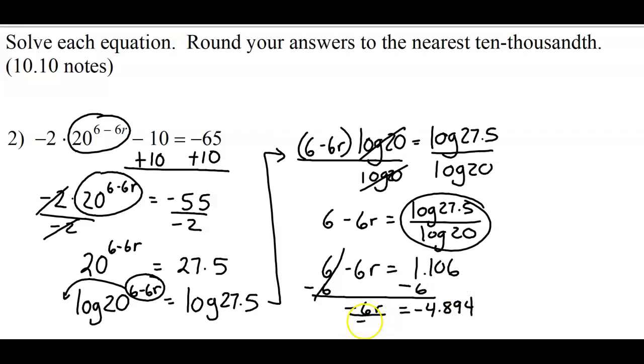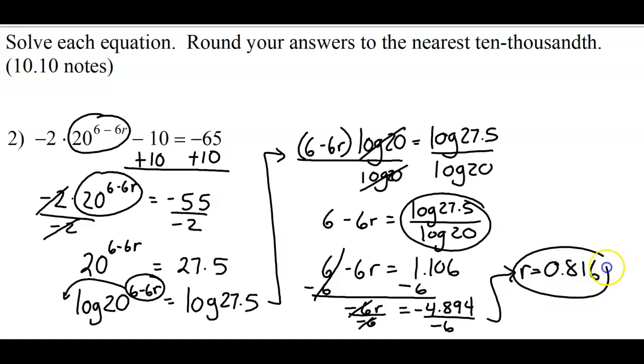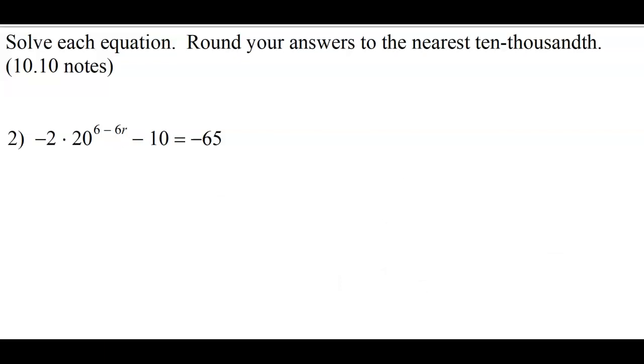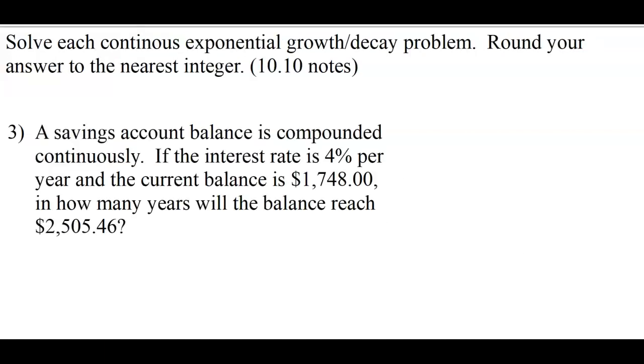And then I'm going to divide both sides by -6 to get the r by itself. And that leaves me with my final answer, which is 0.816. There we go. All right, so quite a few steps there, but that would be solving an exponential equation. Let's move on to number 4.